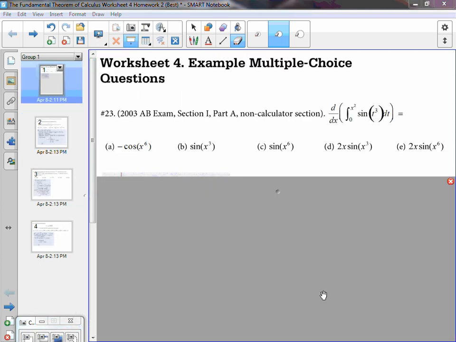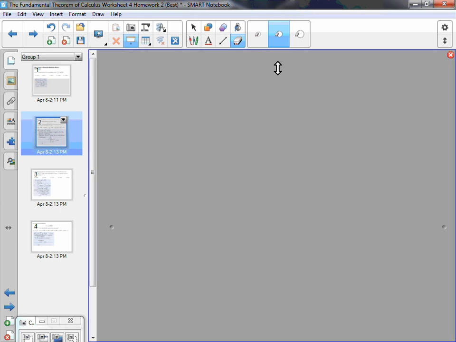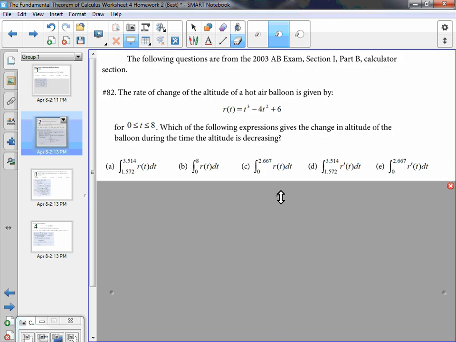All right, on worksheet 4, we have some old AP questions. Let's take a look at number 82, which is the second one on the list. It says the following questions are from the 2003 AB exam, section 1, part B, calculator section.